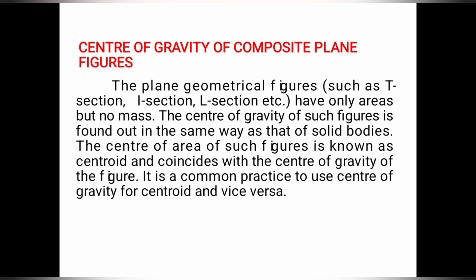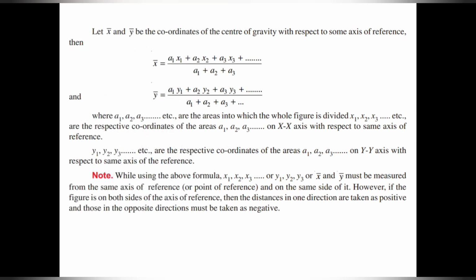Now let us discuss how to find the centroid or center of gravity of composite plane figures. A combination of two or more simple plane figures is known as a composite plane figure. The formula is x bar equals a1x1 plus a2x2 plus a3x3 up to n divided by a1 plus a2 plus a3 up to n.